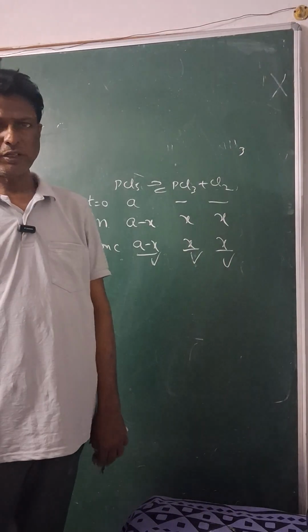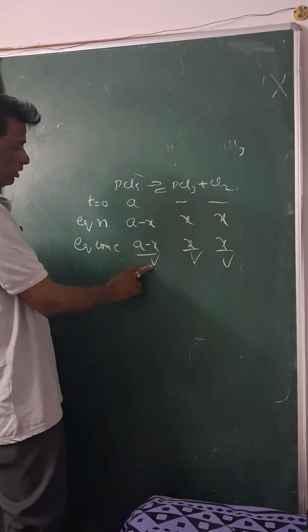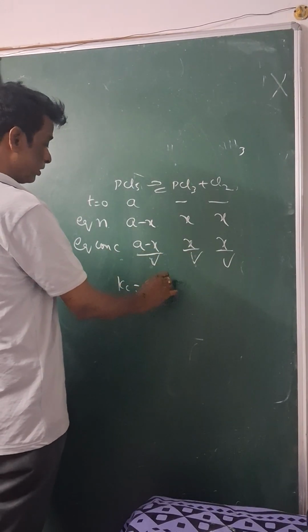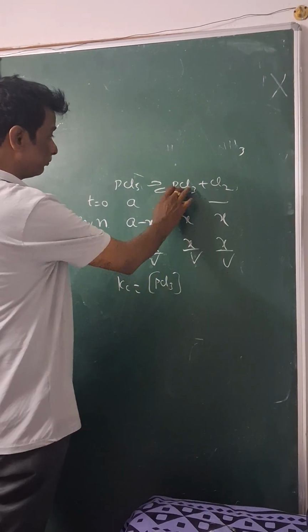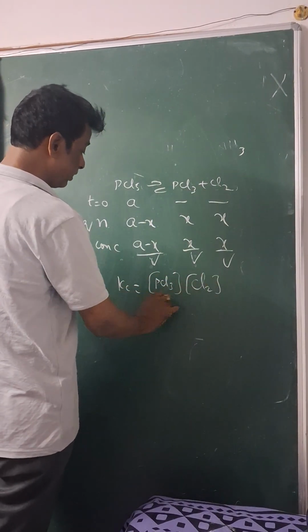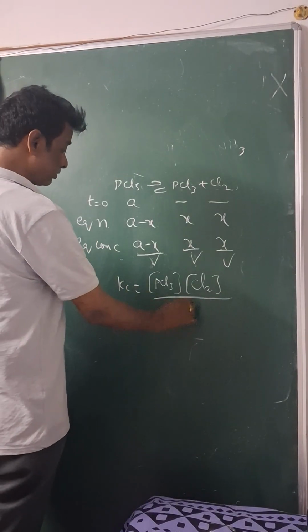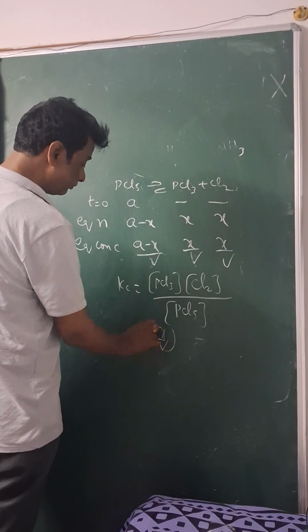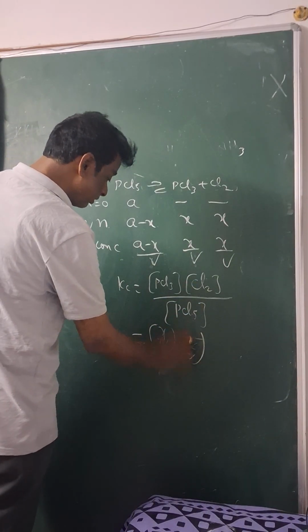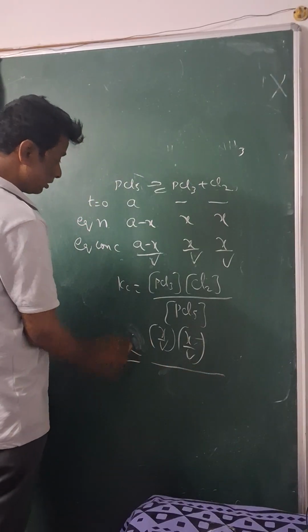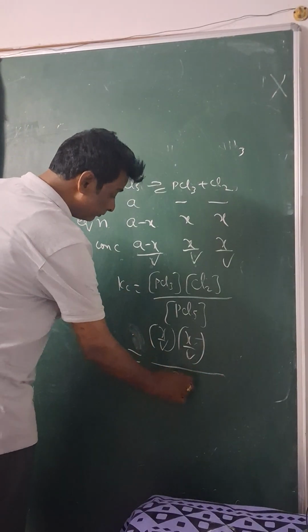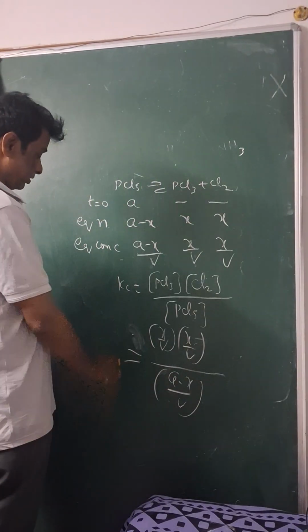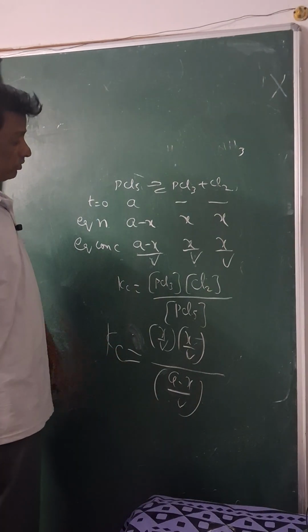Kc is equal to equilibrium concentration of products by equilibrium concentration of reactants. What is equilibrium concentration of PCl3? X by V. It is Cl2, X by V. Here A minus X by V. It is Kc. We can find Kc value.